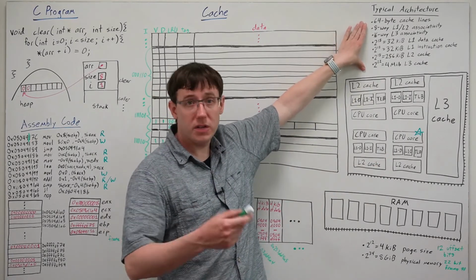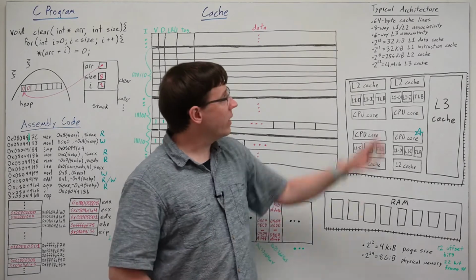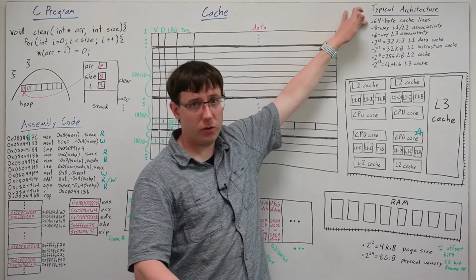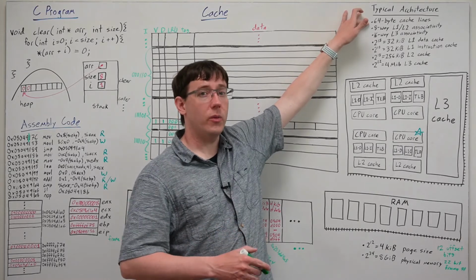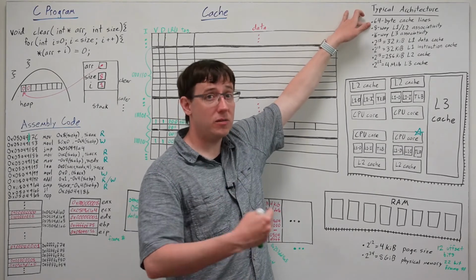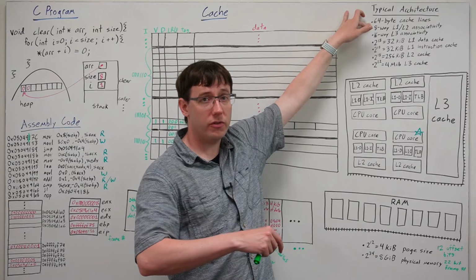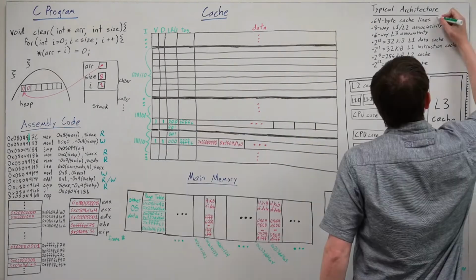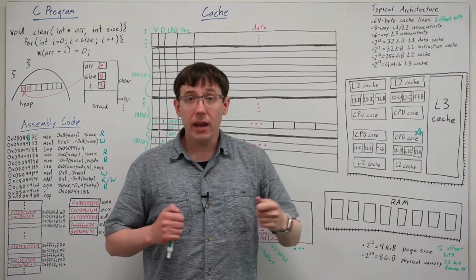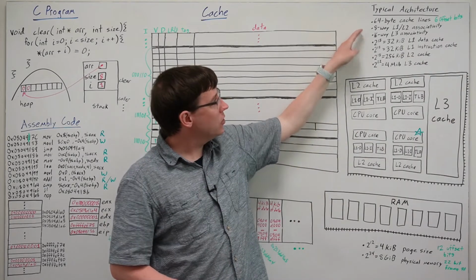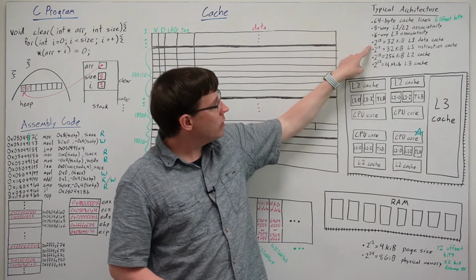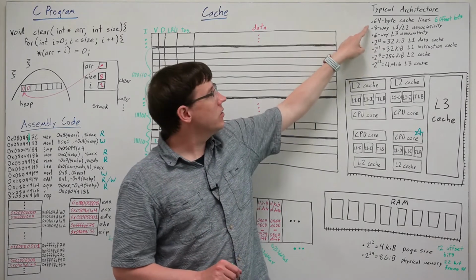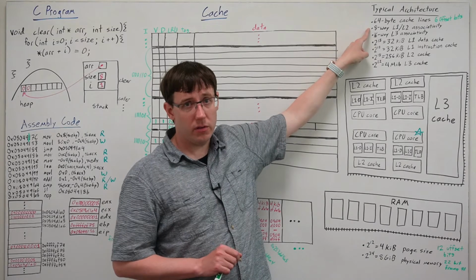So now, to zoom in on the level 1 data cache, let's think about a few more parameters of our typical system. First of all, we have 64-byte cache lines, and since 64 is 2 to the 6th, we know that we have the last 6 bits of the address serving as an offset within the block of data. And we have a level 1 cache that stores 2 to the 15th bytes of data and is 8-way set associative.